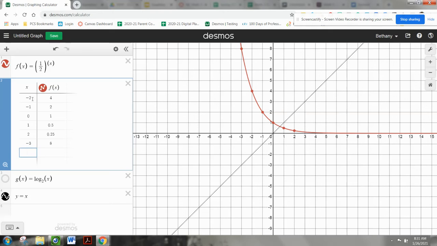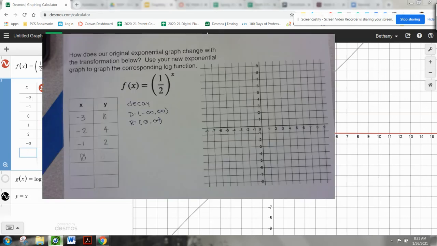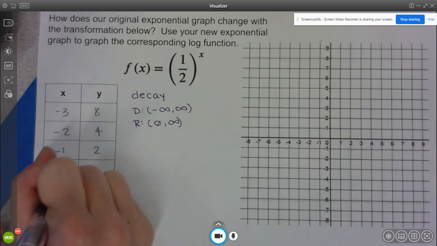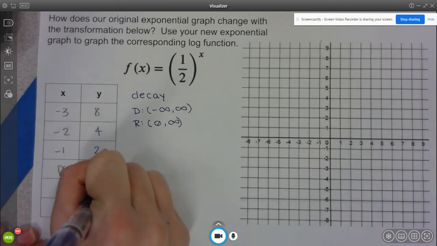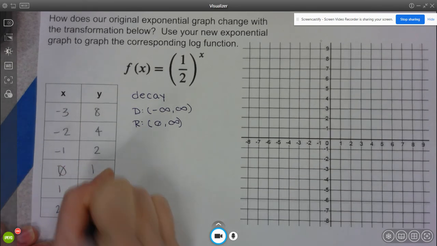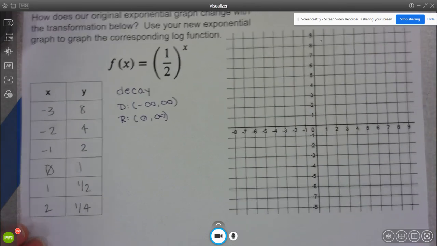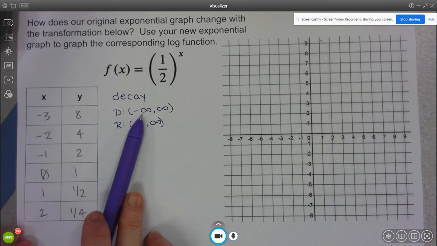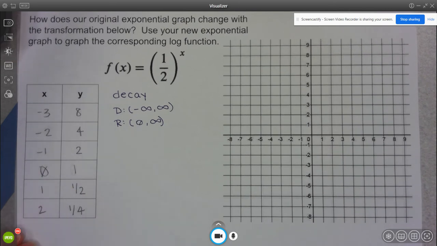Let me go back to my original screen. So this is 1, 1 gave me a half, and 2 gave me a fourth. So here's my domain and range. This is a decay model.